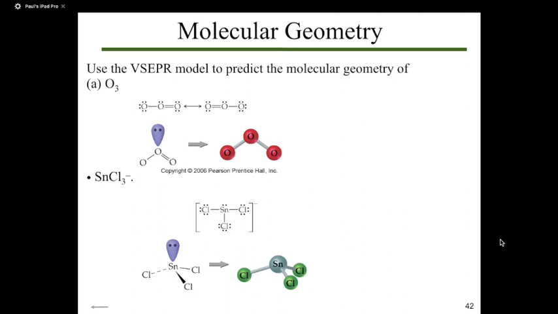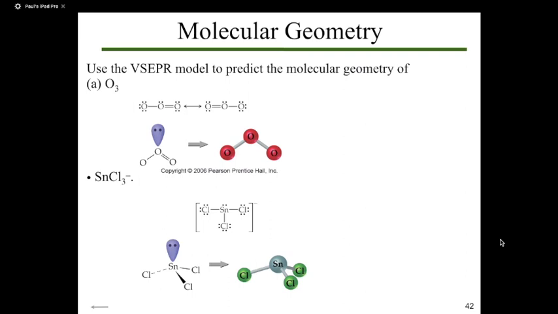So I start with this. It starts off as a trigonal planar. Okay? But when I look at that, how many atoms are there? How many things are bound to atoms? Only 2 of them. One is non-bonding, so I take this away. And so the shape of that molecule looks like it's bent, or the molecular geometry.